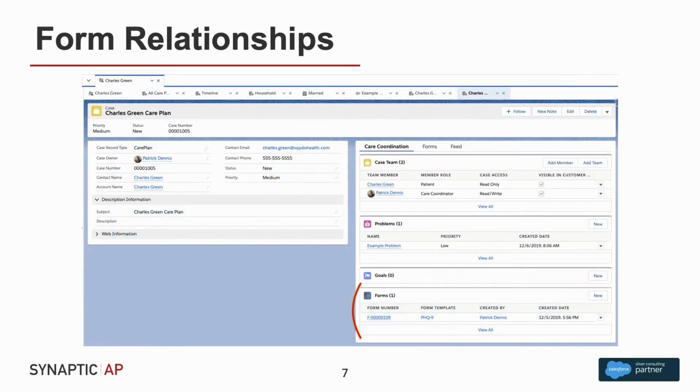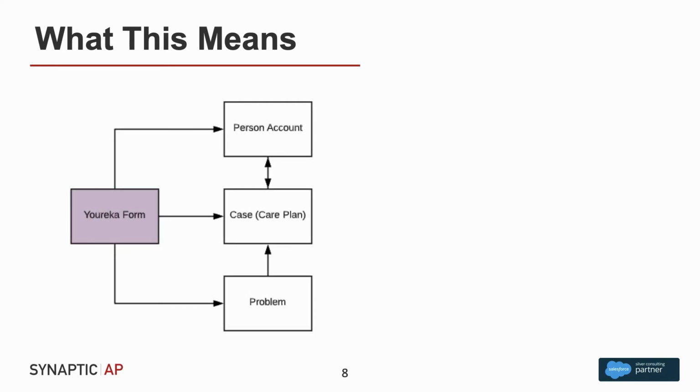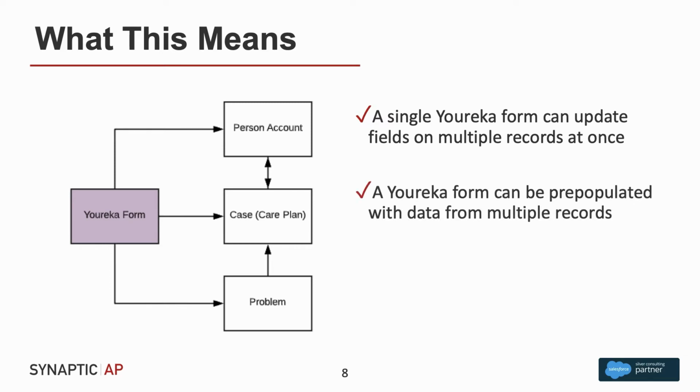We also have the same exact form related to the case, or this person's care plan. It's really important to notice this, because of the flexibility it offers: you can have a single Youreka form that can update many different fields on many records at once. A Youreka form can be pre-populated with data from multiple records, and it can also insert multiple records all at the same time. So it's a really flexible way to insert and update data inside of your system, all without leaving the platform at all.